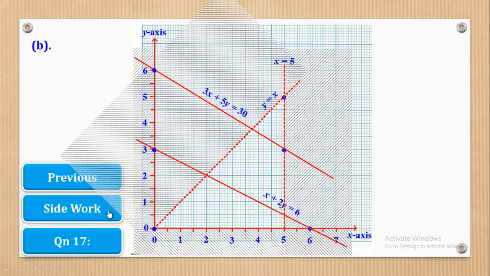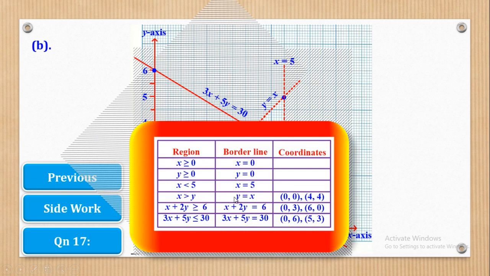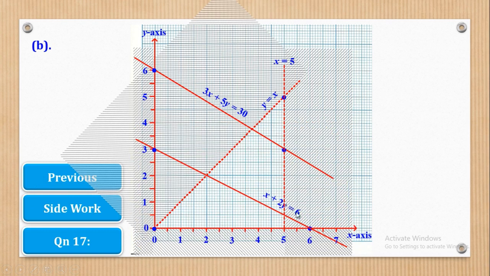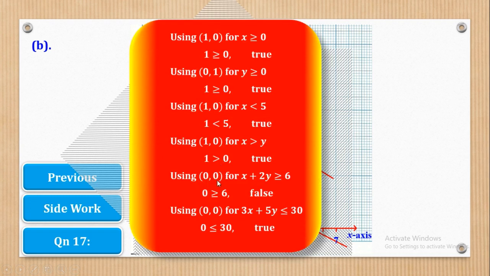Okay, so now next I'll finish with this line. This line is x plus 2y equal to 6. So x plus 2y equal to 6, this is the line, and I can choose a point this side or this side. Let me choose a point this side, and it can be (0, 0). If I use (0, 0), where there is x I put 0, where there is y I put 0.